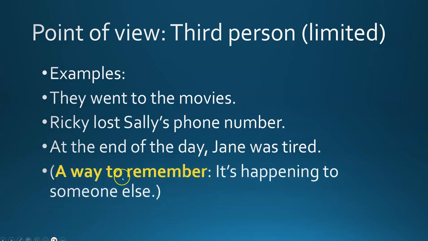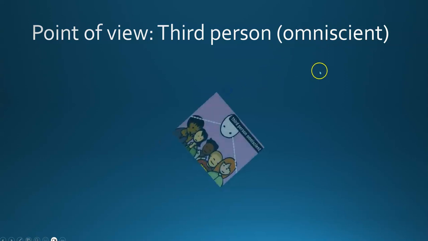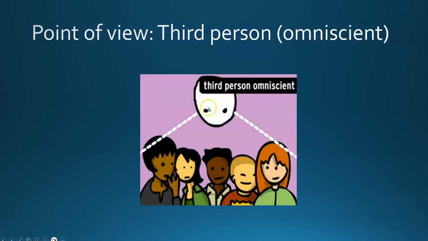All right. Now, a way to remember that it's happening to someone else, and we can only say it's happening to that person. And then the last one is also third person, but it is third person omniscient. In this one, you again have a narrator, but the narrator, instead of being stuck inside just one person's head, sees all, knows all, and can see into anyone's head at any given time and knows everything.